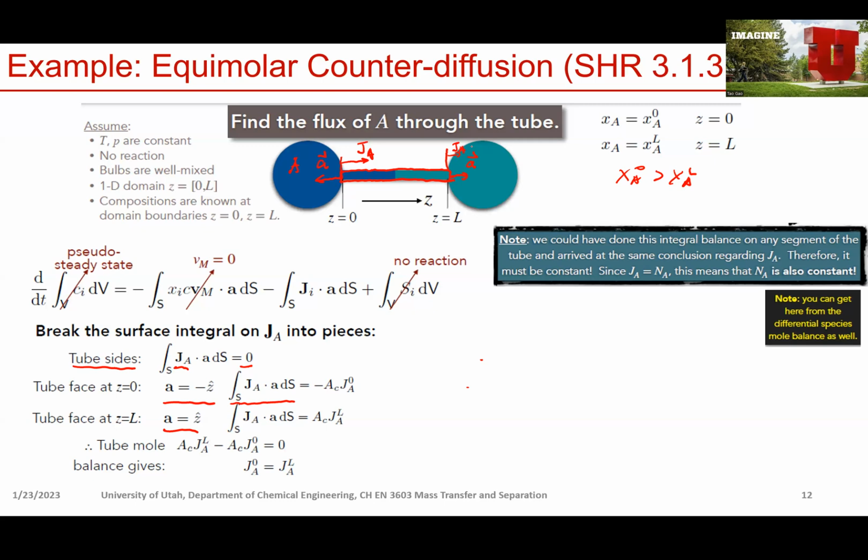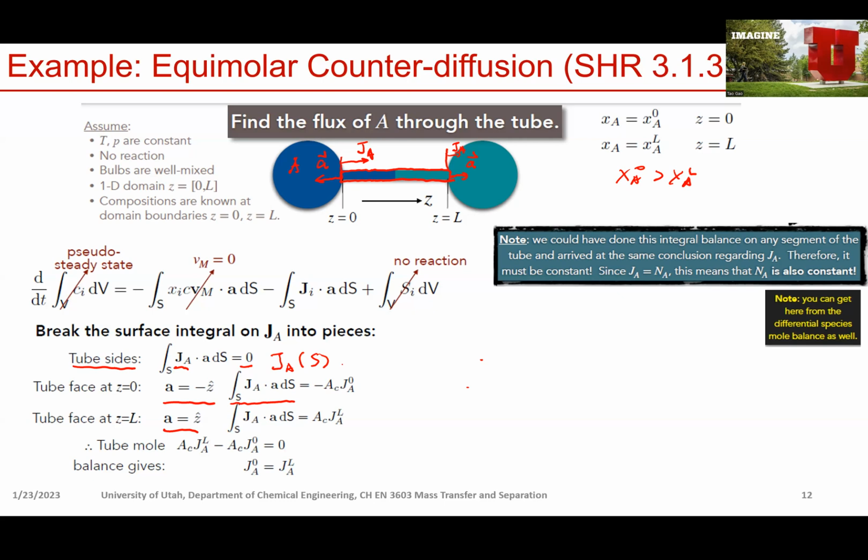The second thing we need to consider, in order to do this integral, is how JA depends on S. Because JA is an integrand, and we integrate it over the two ends of the tube, and we know J is a function of S.